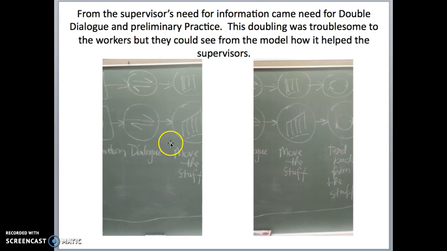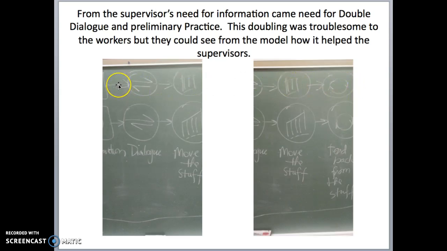And this double doing of everything was very frustrating to the workers, because they wanted to just get going and work. But by having it modeled out like this, they realized that they couldn't get their wish for more information at the same time as they would not have this whole stream above here going on.